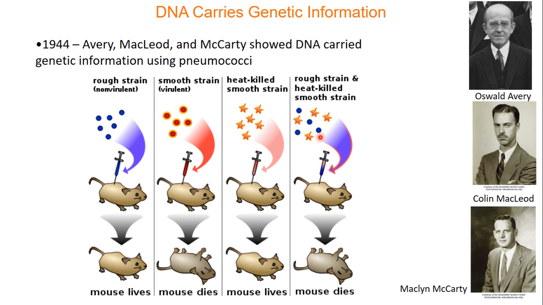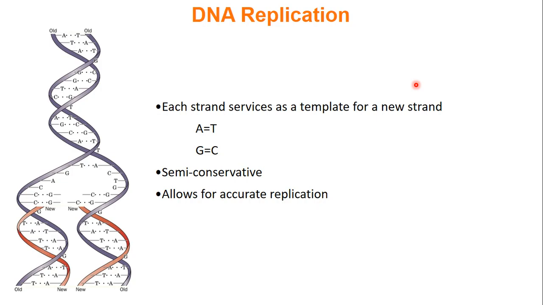Heat denatures proteins, so it's thought that DNA must be what these bacteria are taking up to become virulent. So that was in 1944. They're showing DNA is probably genetic information.